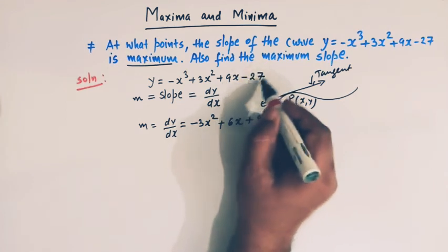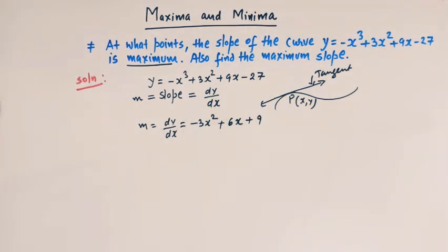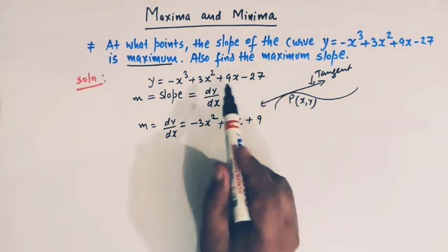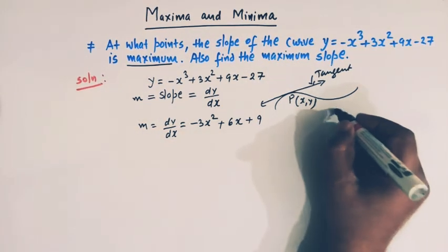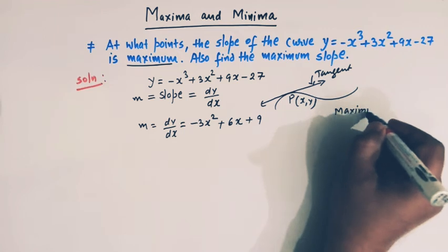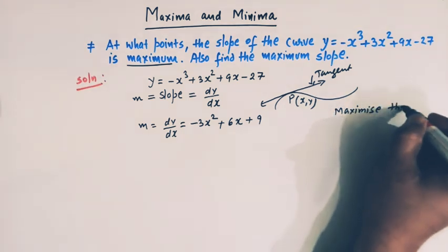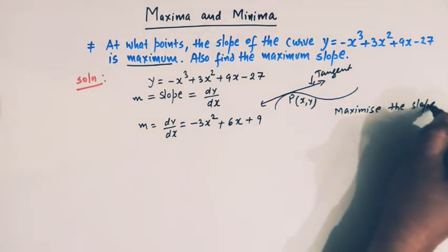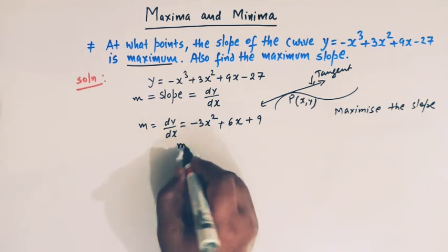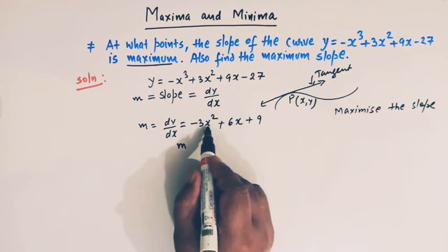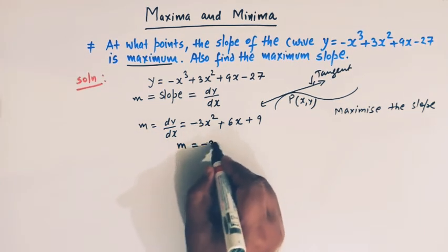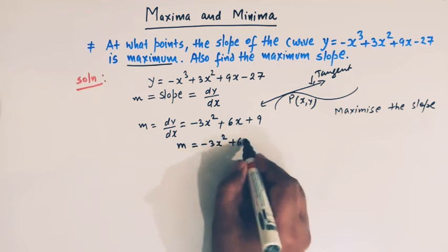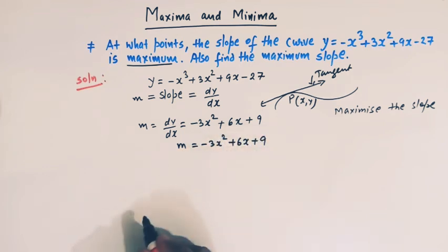And the derivative of -27 is 0. Now see, here we have to maximize the slope, right? So m is a function of x, and it is -3x square + 6x + 9, right?